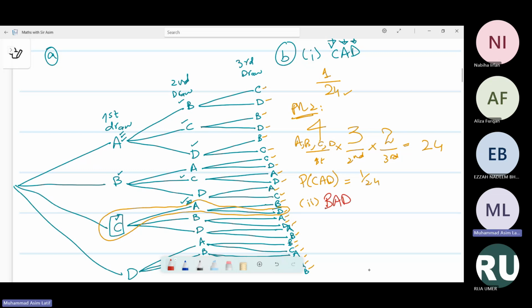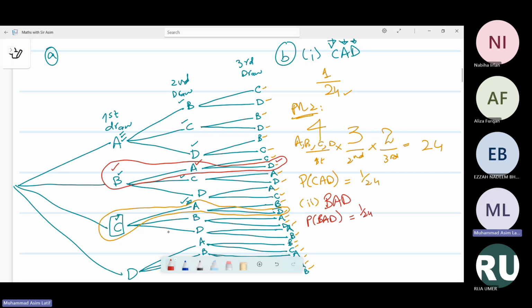Again, it would exactly be the same. Probability of BAD, it is going to have B, then A, then D. Only one possibility out of 24 possibilities. So its probability is going to be 1 by 24.